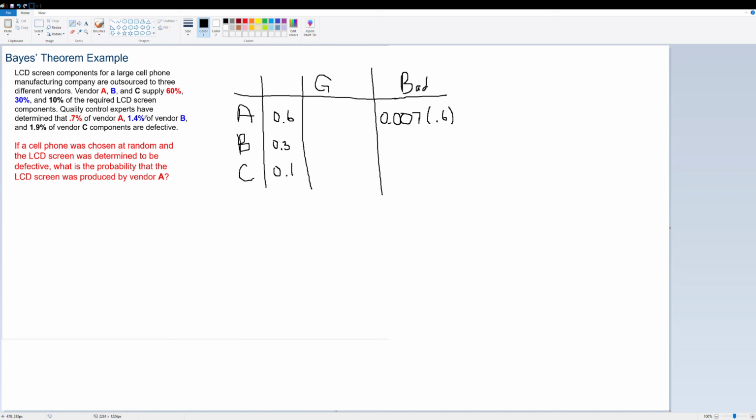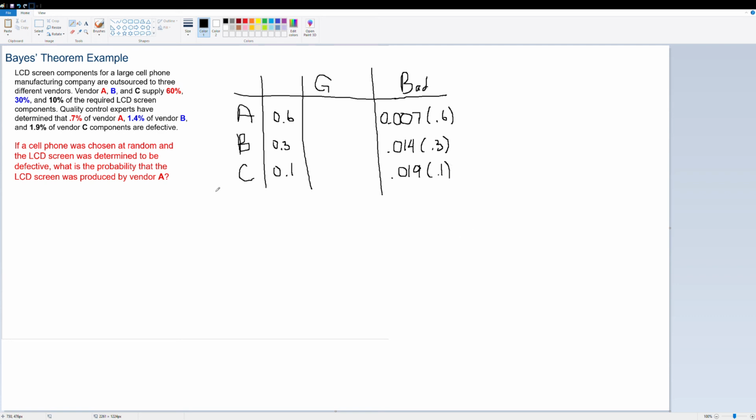For vendor B, 1.4% or 0.014 of the 30% are bad. And then for vendor C, 1.9% or 0.019 of the 10% are bad.